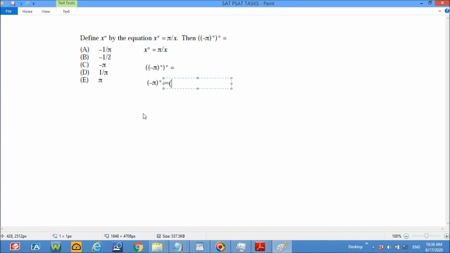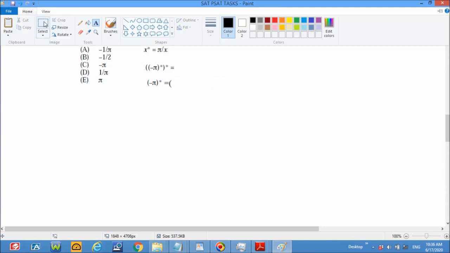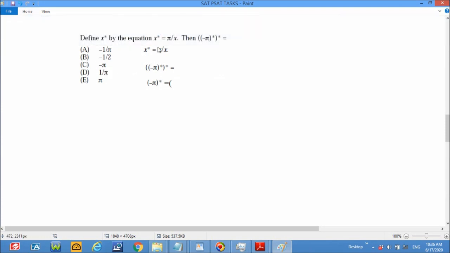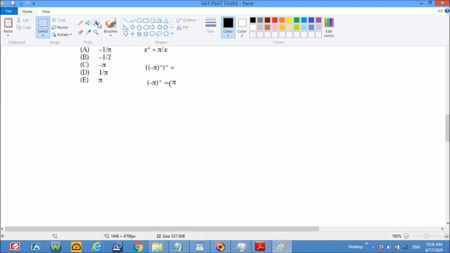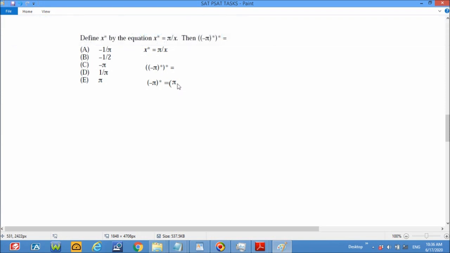So braces, and we need p, and p should be divided on minus p.